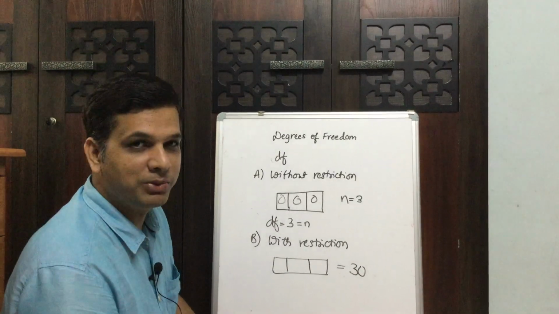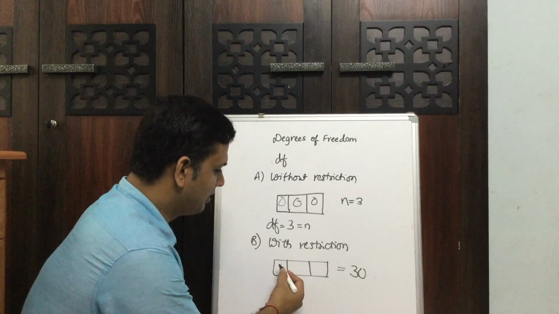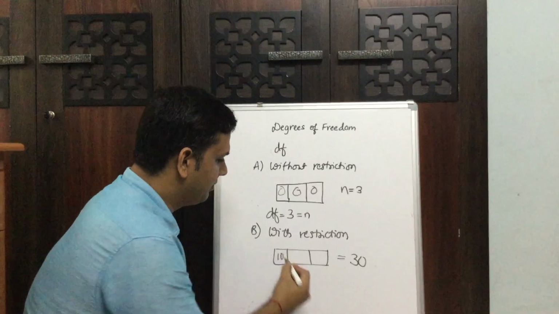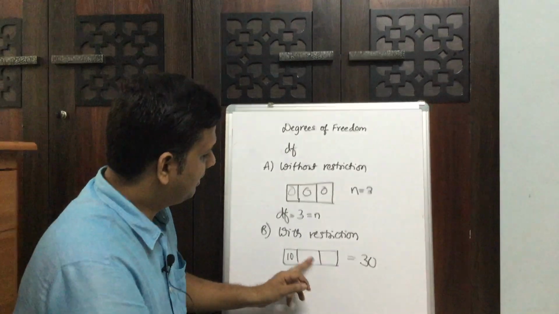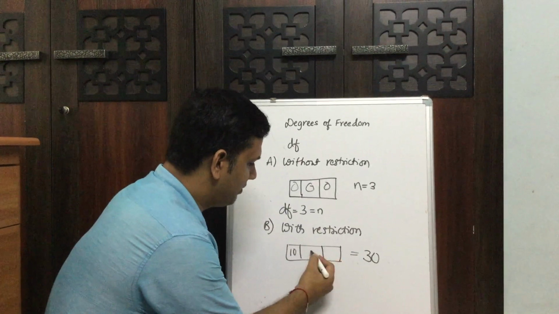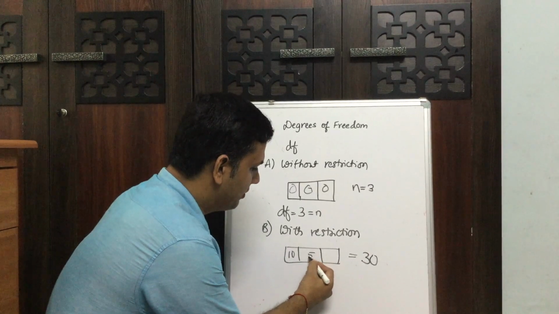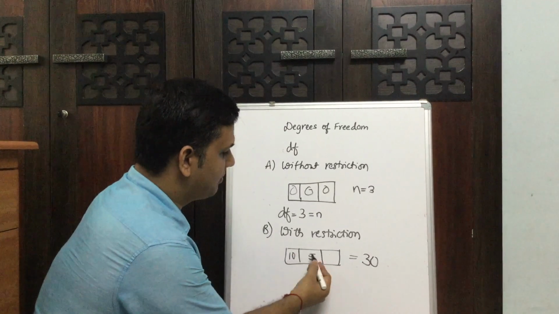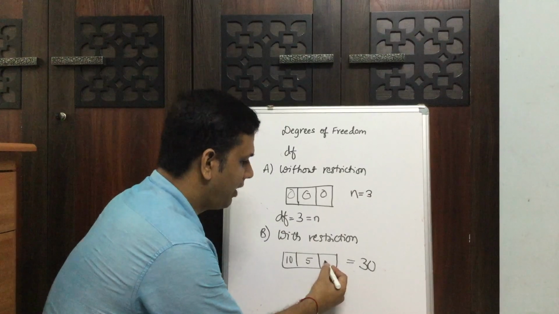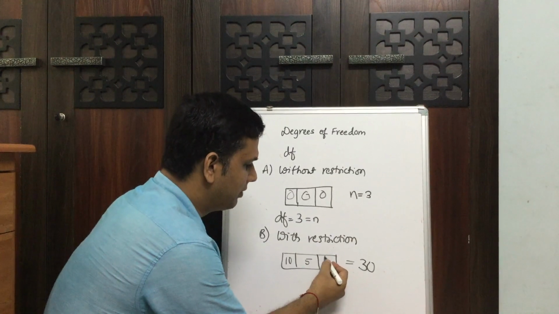Suppose you fill the first box, you are free to fill with any value here. Suppose I fill with 10, and then one more freedom I have, let's say I fill it with 5. So 10 plus 5, 15. So total sum should be 30, so I have to fill this value with 15 only.